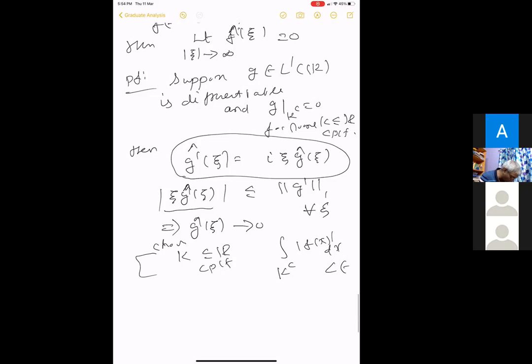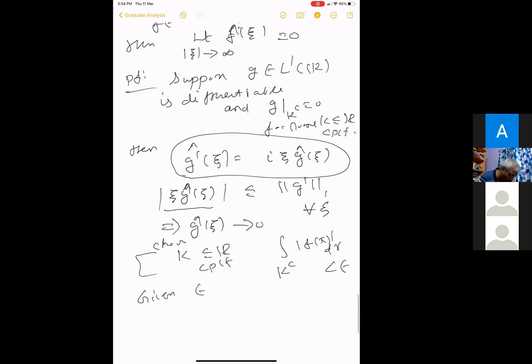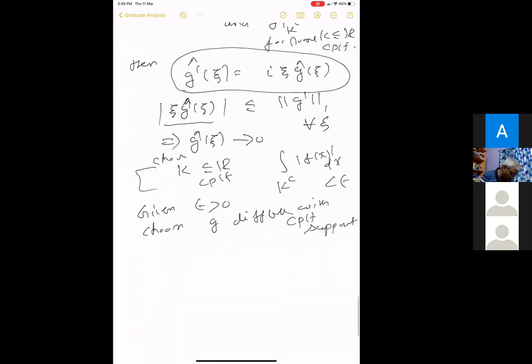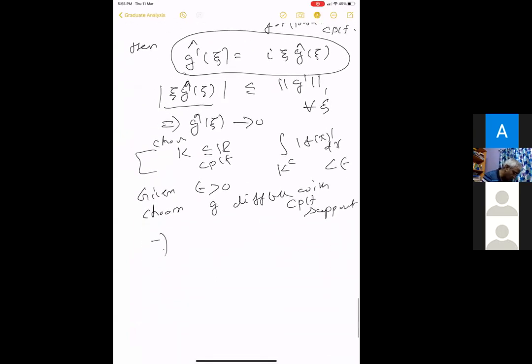So my statement is: given epsilon greater than 0, choose g differentiable with compact support, that is, outside a compact set it is 0, such that the L1 norm of f minus g is less than epsilon.